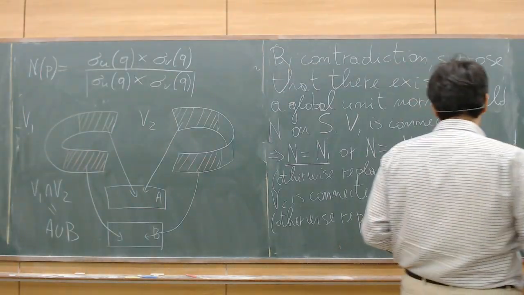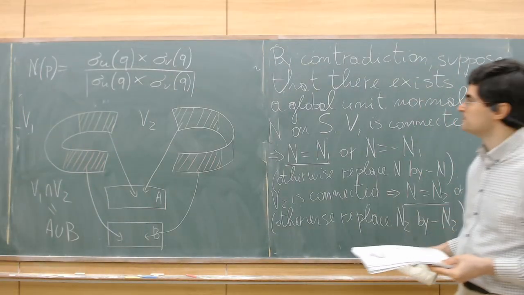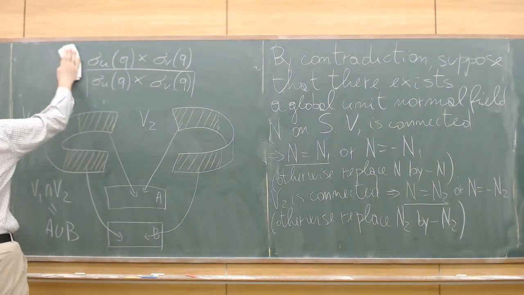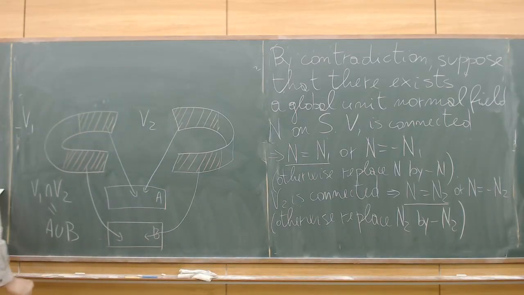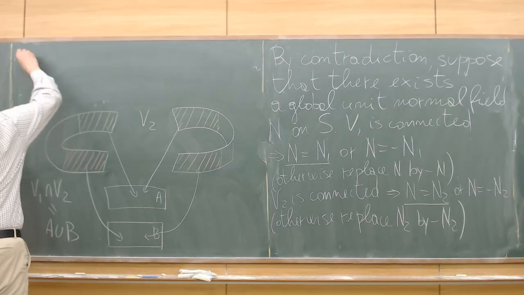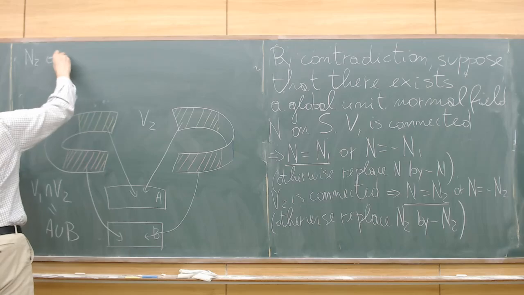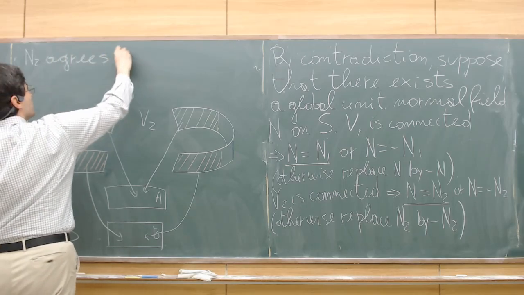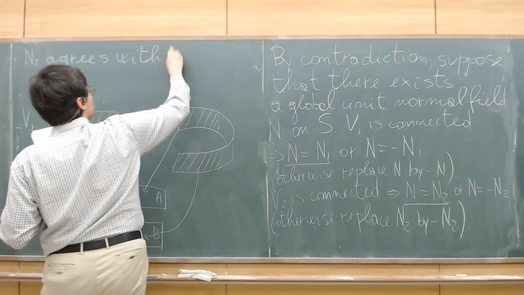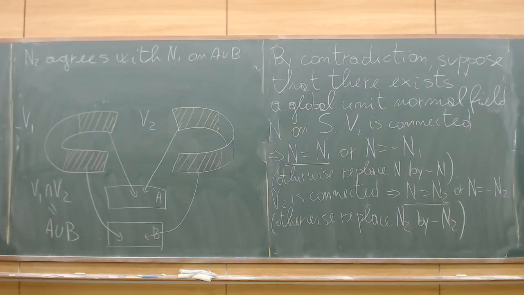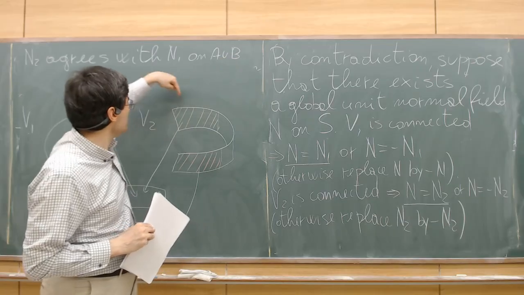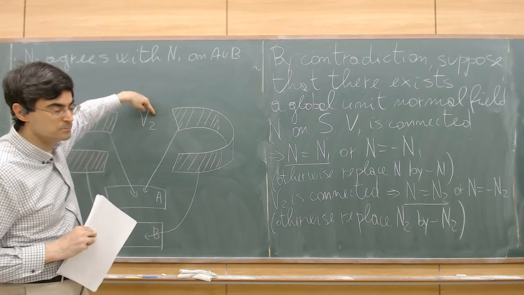If this is true, I have to write something. If this is true, N2 agrees with N1 on A union B, because A and B live in V2.